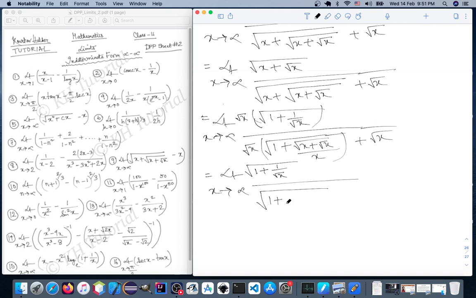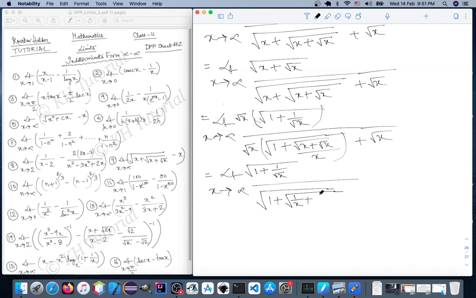So x by x square is 1 by x, and root x by x square is 2 minus half, 3 by 4.